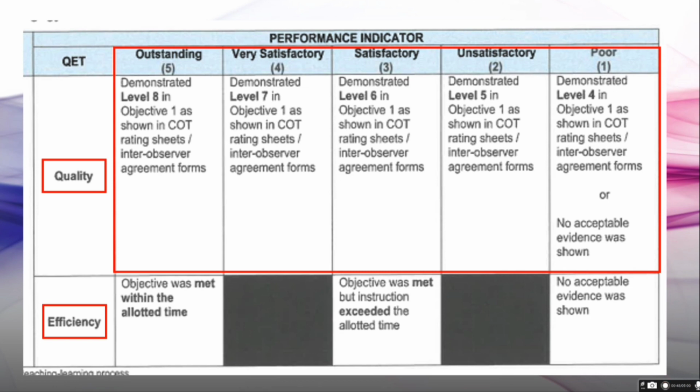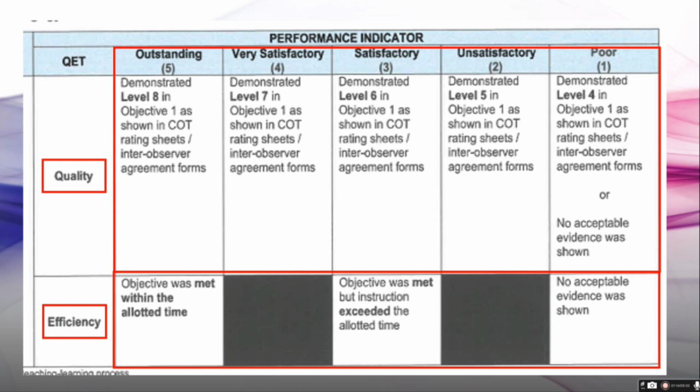Kung level 7 po ang nakuha natin sa rating sheet, we'll get 4 points or very satisfactory. Kung level 6, that is equivalent to 3 points or satisfactory. At kung level 5 po, that is 2 points or unsatisfactory. At kung level 4 or below ang makuha natin, we'll get 1 point. The same thing kung wala po tayong naipakitang evidence.